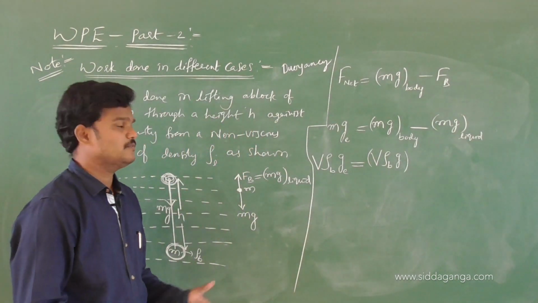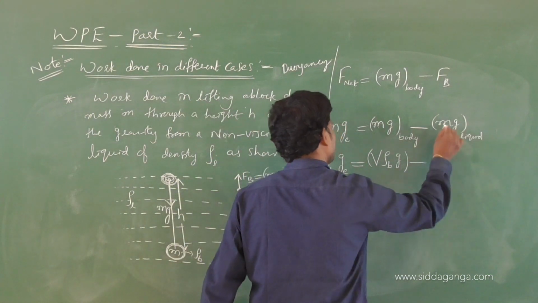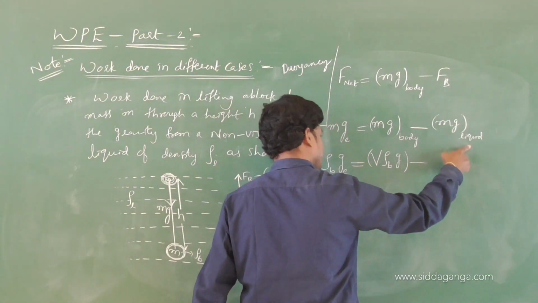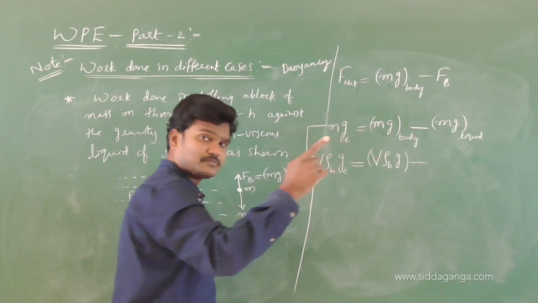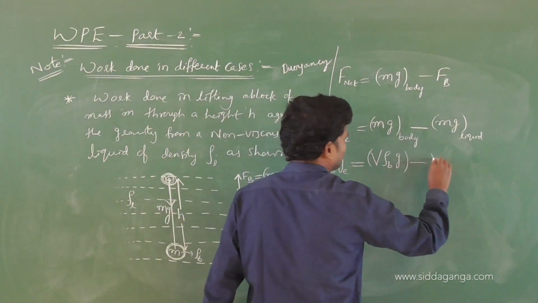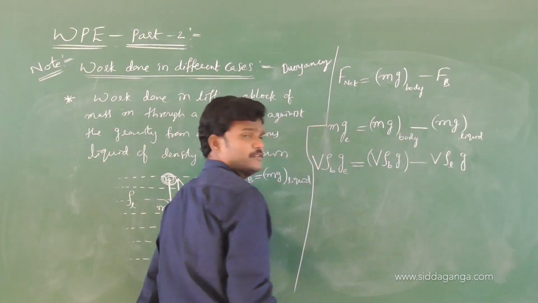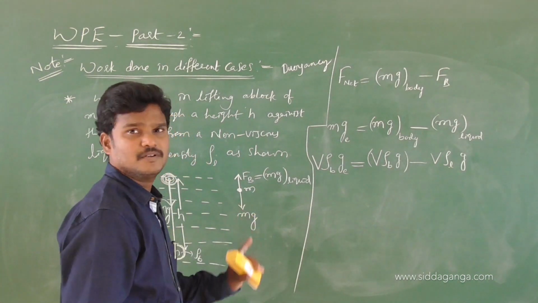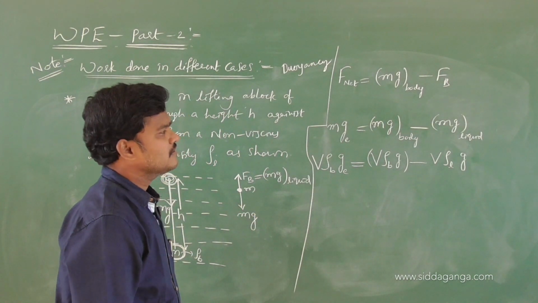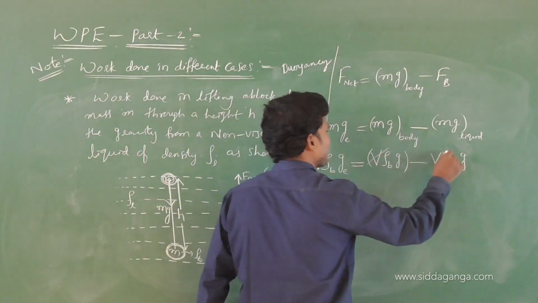The same amount of volume will be displaced. And the mass of the liquid is the volume of the liquid into the density of the liquid, into gravity. The volume is the same, so you can strike it off.